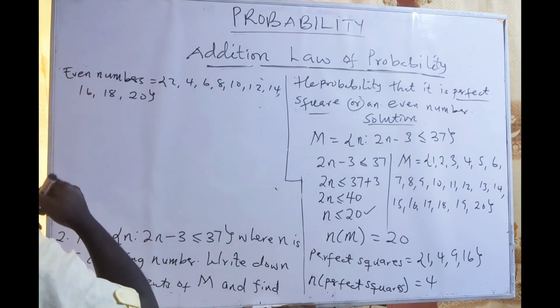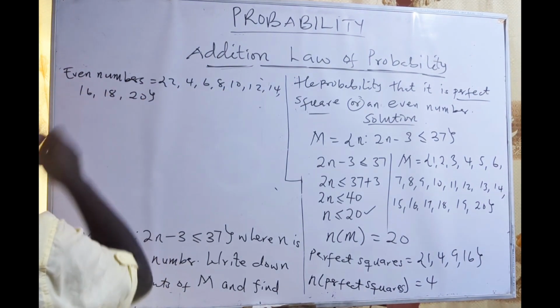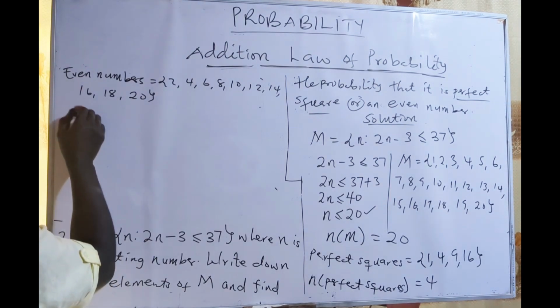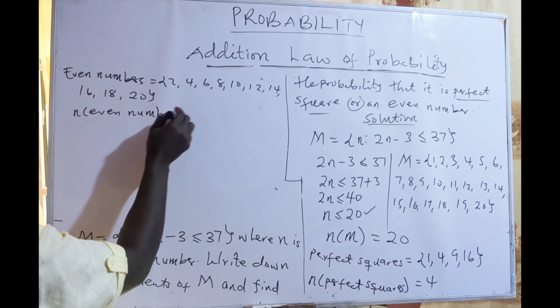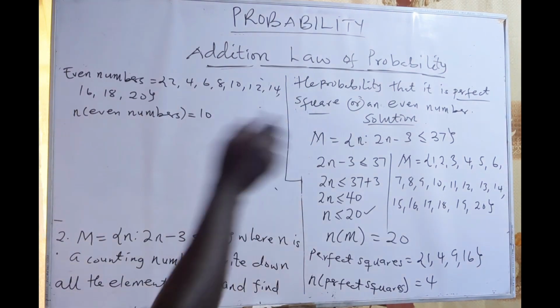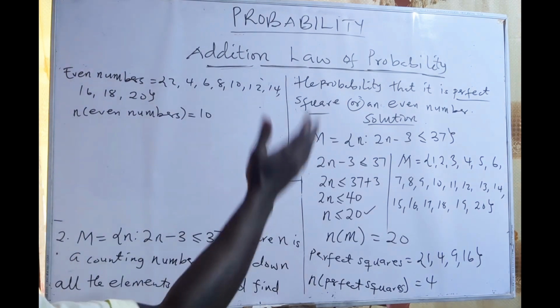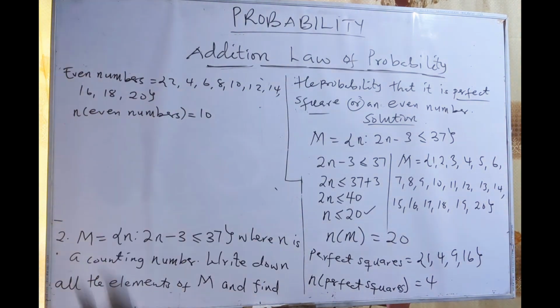Counting, 1, 2, 3, 4, 5, 6, 7, 8, 9, 10. So the number of even numbers is 10. We have listed our even numbers and our perfect squares, and found the number of each.